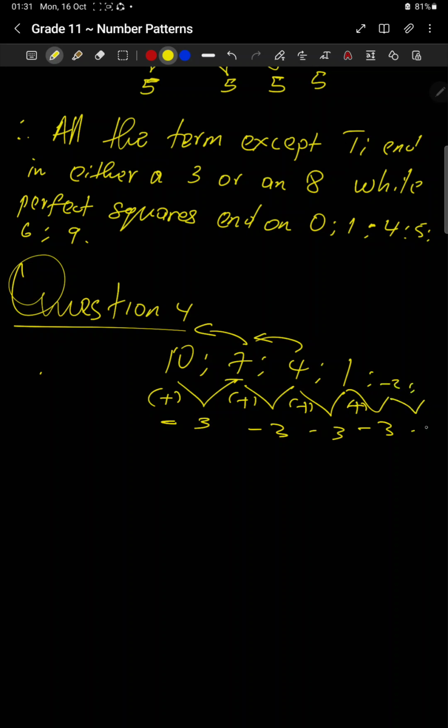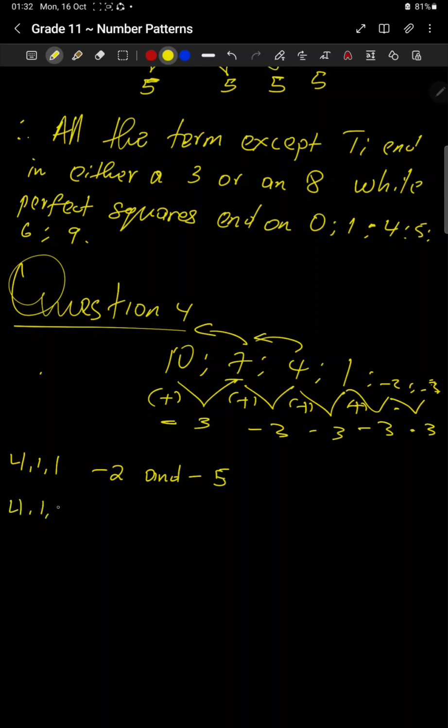And then we continue, -3 plus -2 must be -5. So therefore, in the first question, the next two terms are -2 and -5.